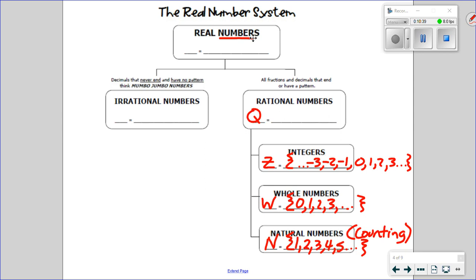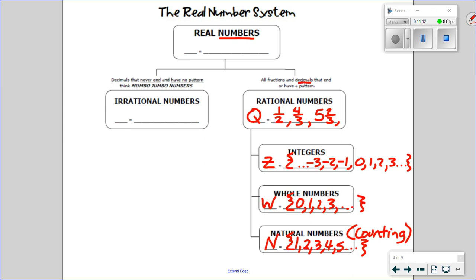So rational numbers basically include the natural numbers, the whole numbers, the integers, but also include the numbers in between, the fractions, the decimals, okay? Now, obviously a fraction is a quotient, so rational numbers would include proper fractions, improper fractions. I'm just giving you some examples here. Mixed numbers, and also decimals.